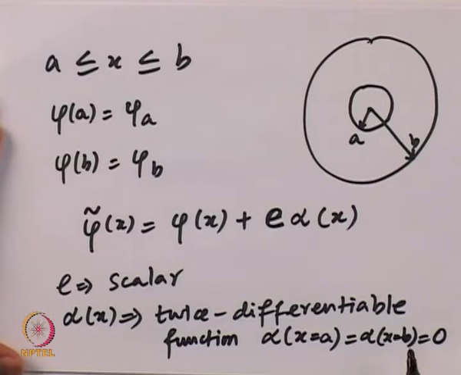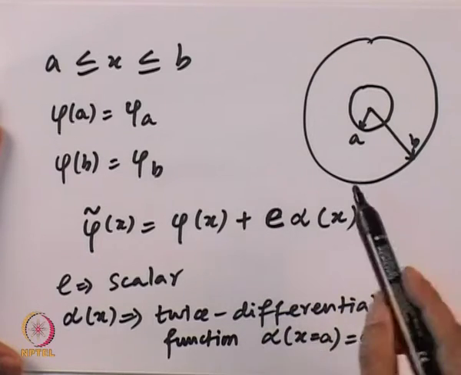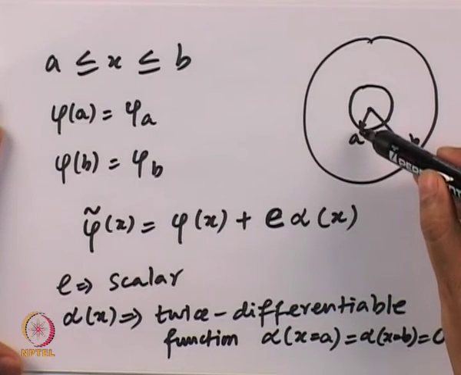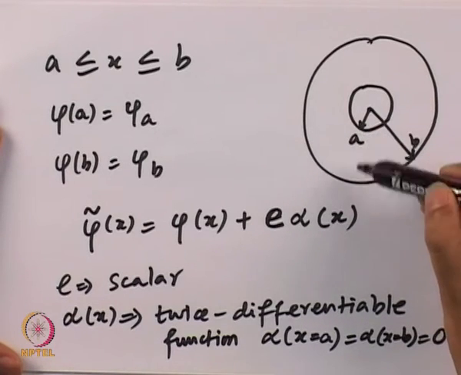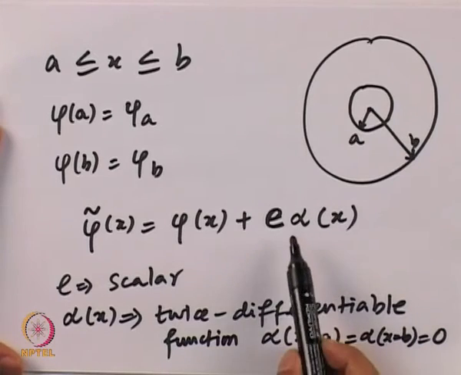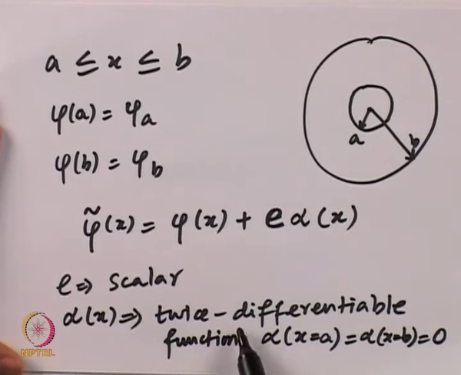So this is a very important thing, because we are satisfying the boundary condition such that at the boundaries of the domain, which we are calling the one dimensional domain from A to B, the value of alpha, which is a twice differentiable function, goes to 0. This is the most important thing that we should have for us to proceed with.